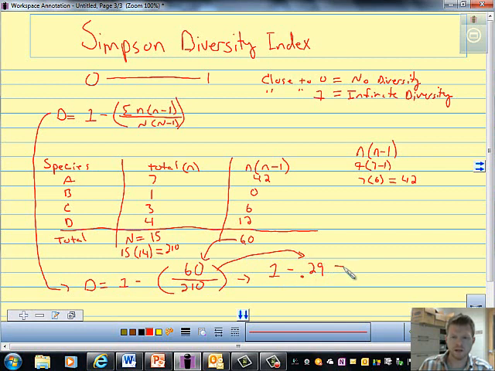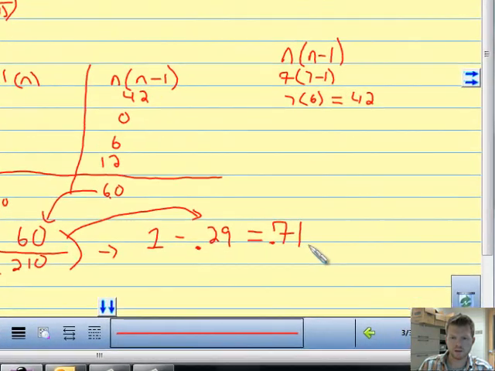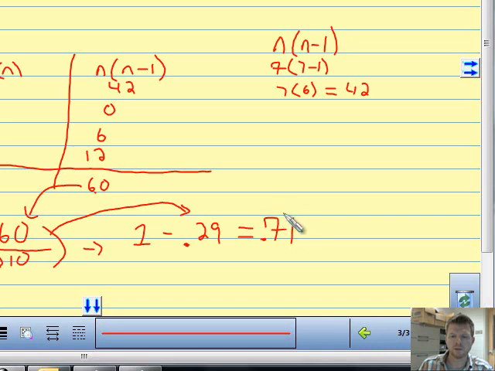And when I do that, it will equal 0.71. My total diversity for this set of data, Simpson diversity index, equals 0.71.